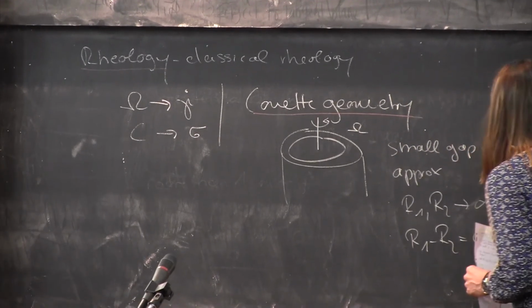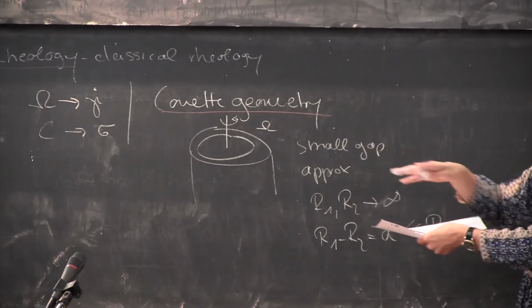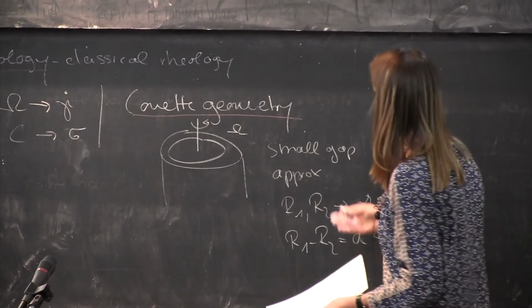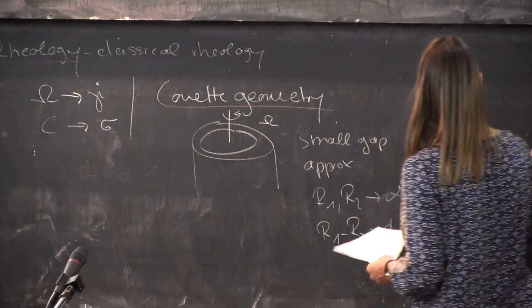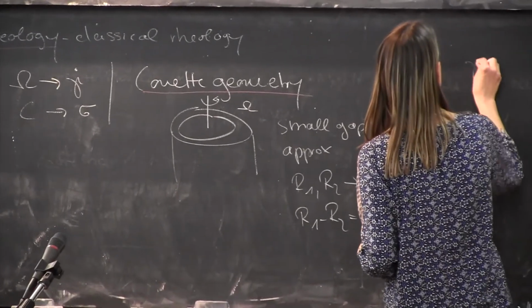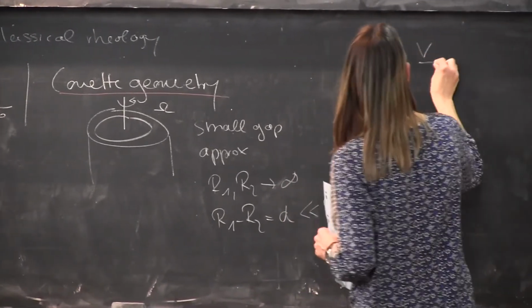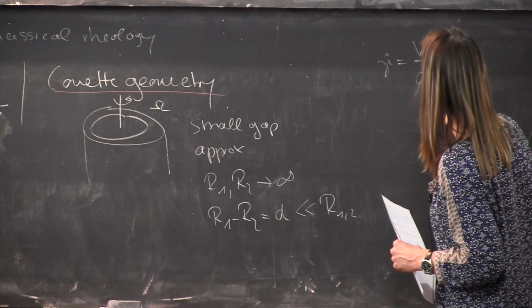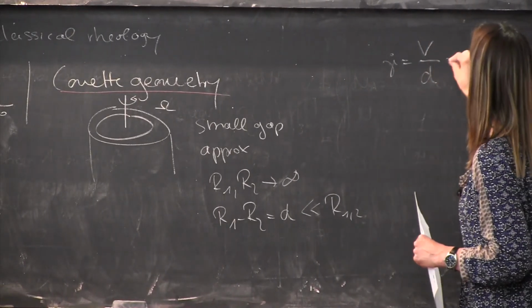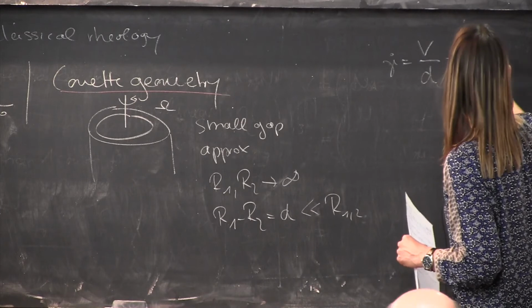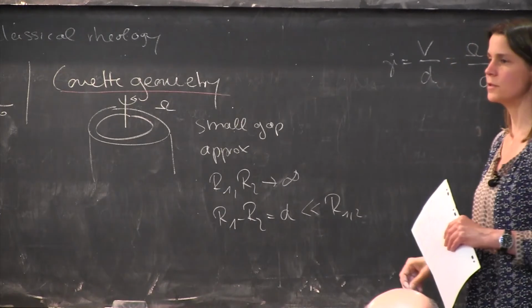In this case I am really in the limit of the two plates, and this is done very easily. The shear rate in a simple shear flow is the velocity divided by the distance between the two plates, which is omega times r divided by the distance between the two plates.